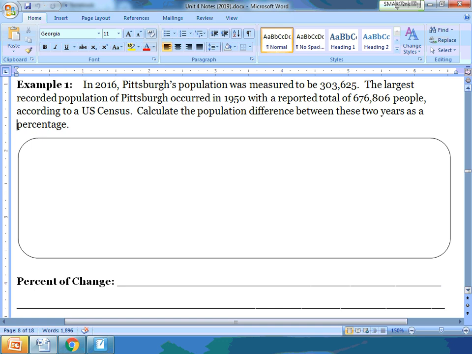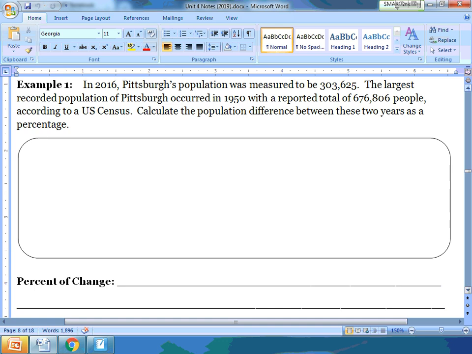So if somebody was summarizing the population trend in Pittsburgh, you could say, well, over the course of these 66 years, the population has decreased. What percent would they have said? Cameron, what'd you say? Yeah, about 55.1% decrease. How many of you successfully got that answer there?